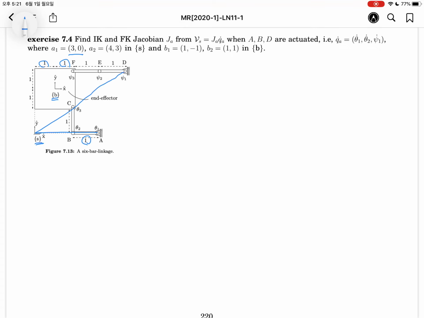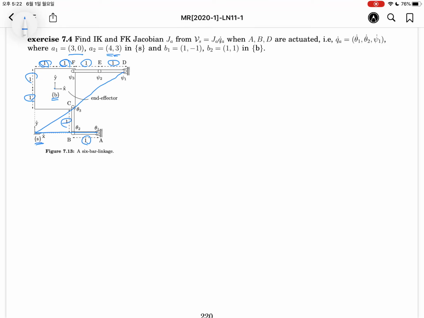And then A2. This is the A2. A2 will be 1 plus 1 plus 1 plus 1 plus 1, so in the x direction we have 4. How about the y? 1 plus 1 plus 1, so 3. Like this, A1 and A2 are stationary vectors.